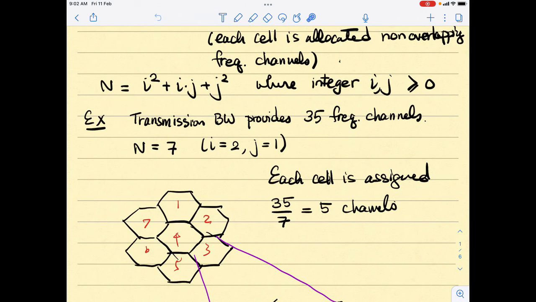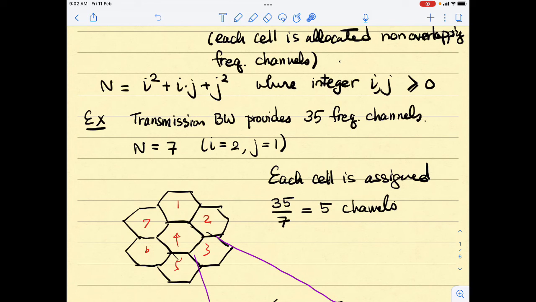Let's look at an example to get a better understanding of this. Let's assume the system has limited bandwidth, and the transmission bandwidth can support only 35 frequency channels. This is just an example. In a real system, the number of channels will be much bigger.